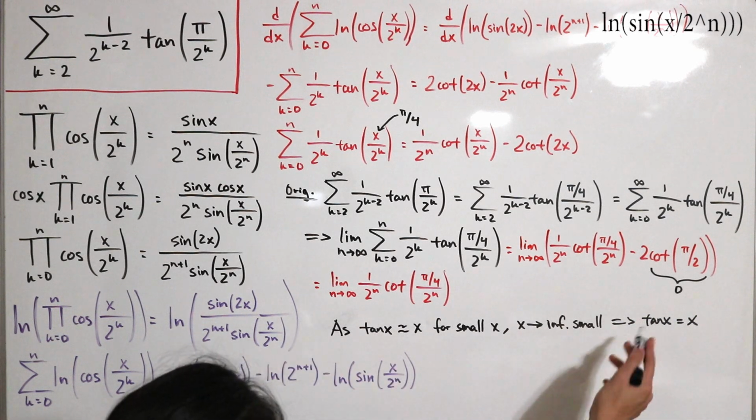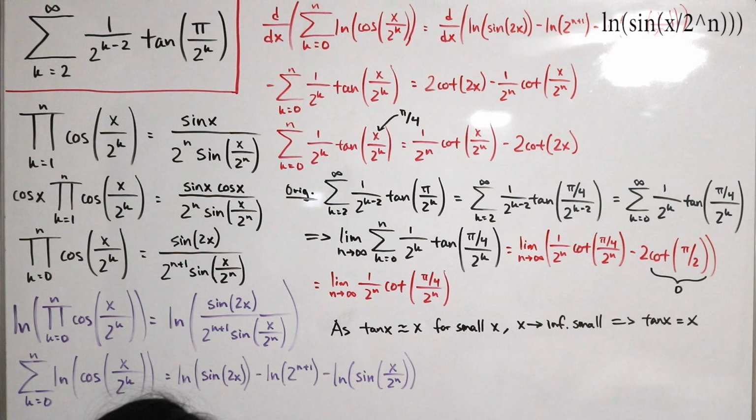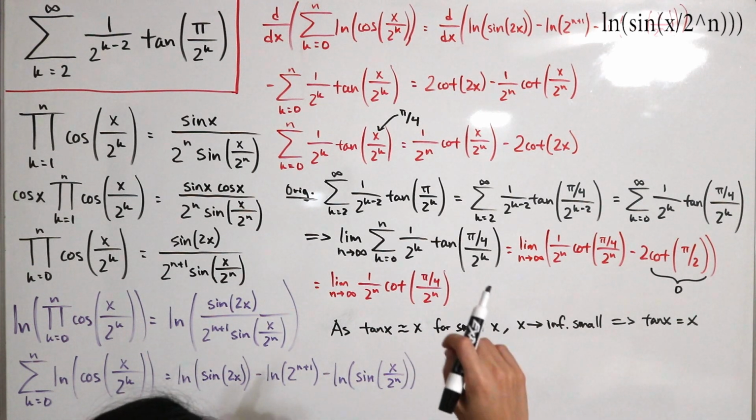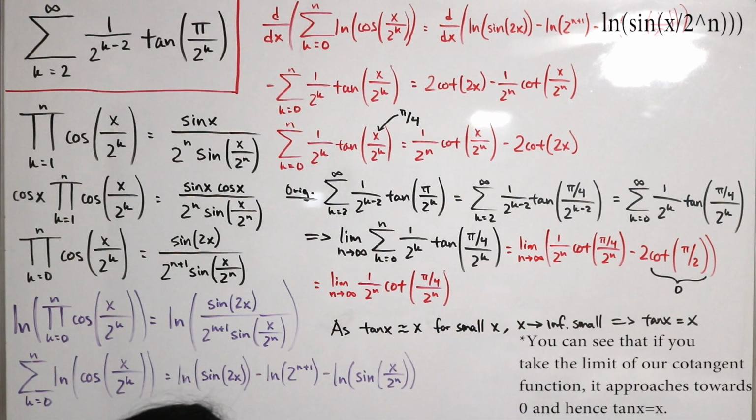You can see that if we were to graph tangent of x, specifically looking at the domain between negative pi over 2 and pi over 2, and you take a very small x, very, very close to 0, as it gets smaller and smaller, tangent of x approaches whatever your x value approaches. So that's why we can state the claim that tangent of x is equal to x.